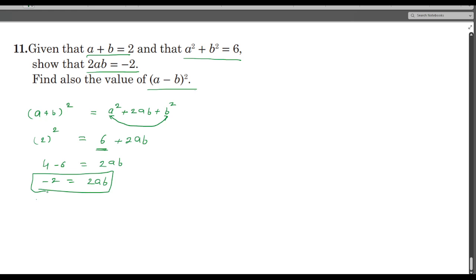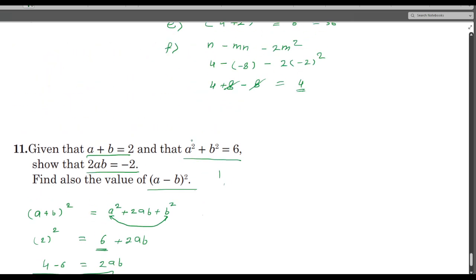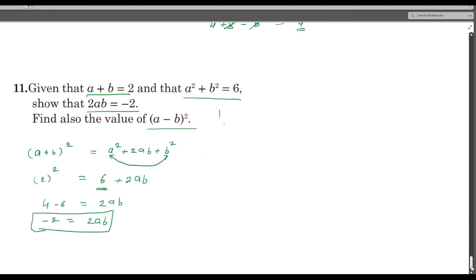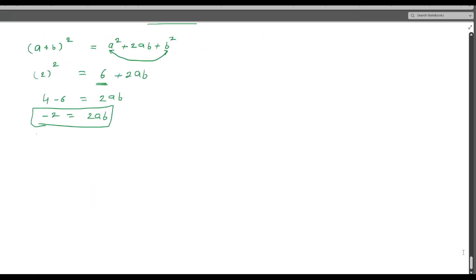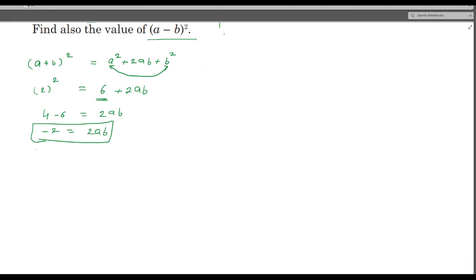Now I have to find out the value of a minus b the whole square. So when I say a minus b the whole square, let us expand it.